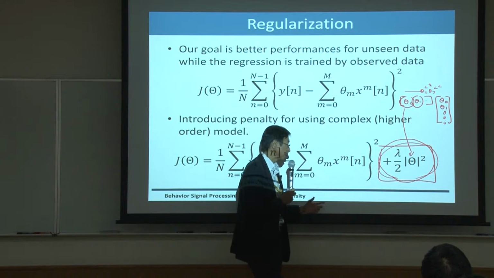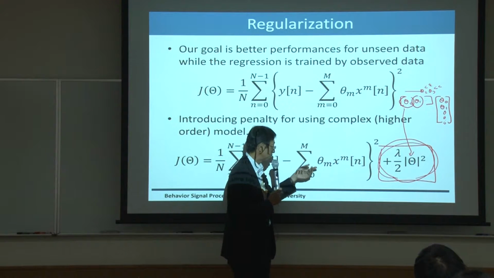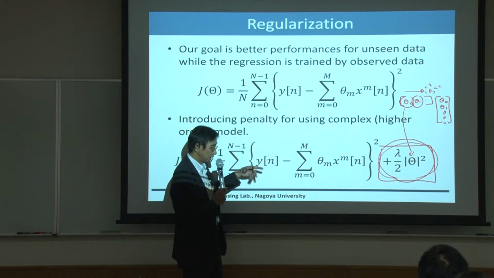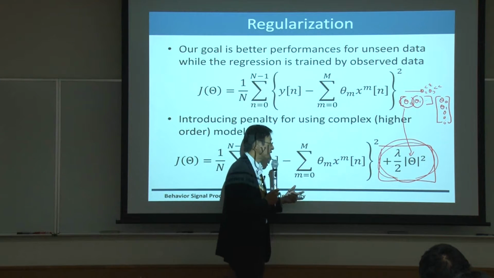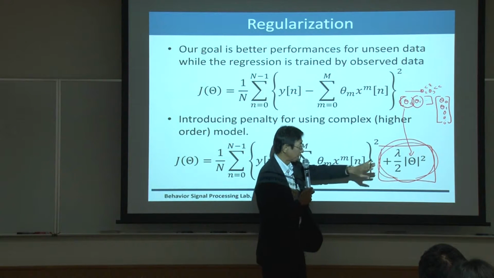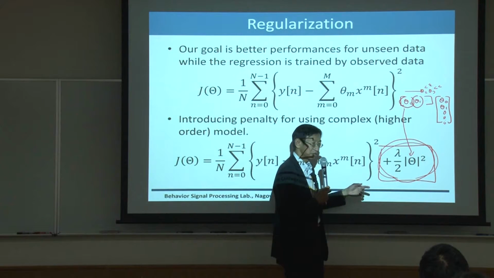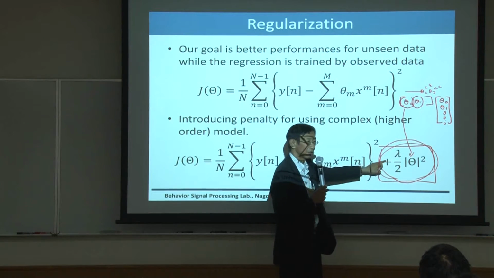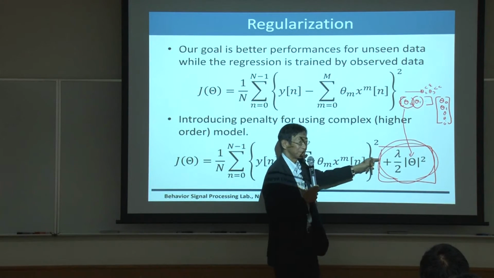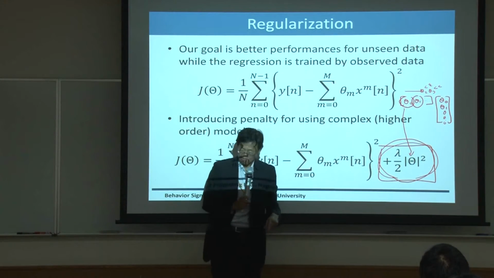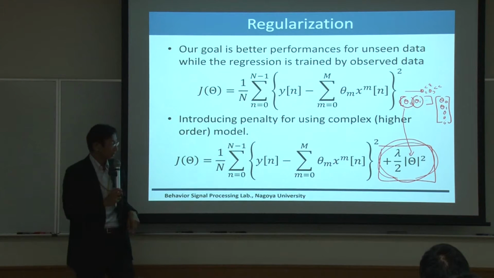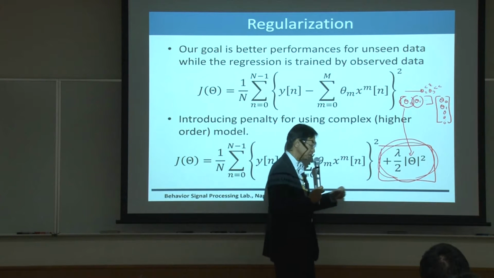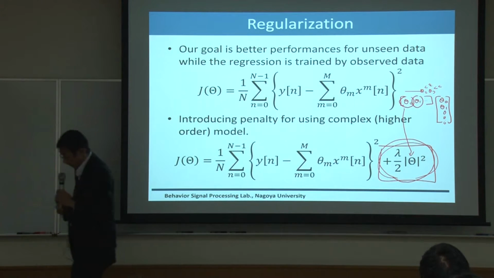But in general, if the degree of freedom of the system is lower, then the error becomes higher. So there's a compromise. And we have, unfortunately, a magic parameter lambda here. Without changing this value, it is not as good as we expect. So we need to balance this error term and also the complexity term.